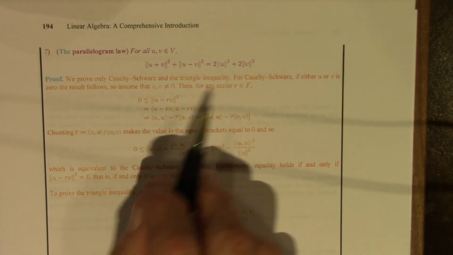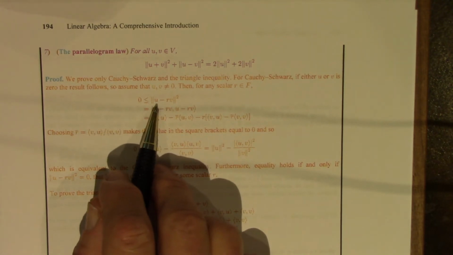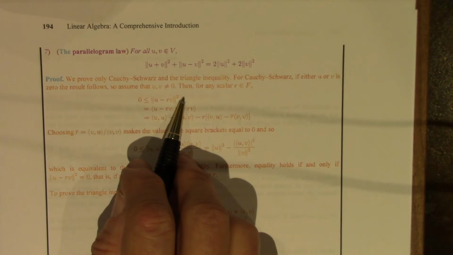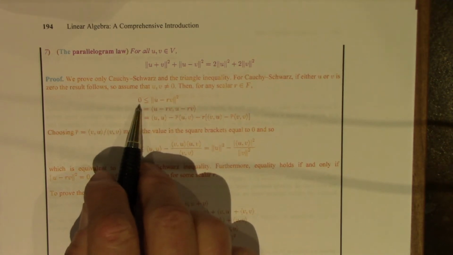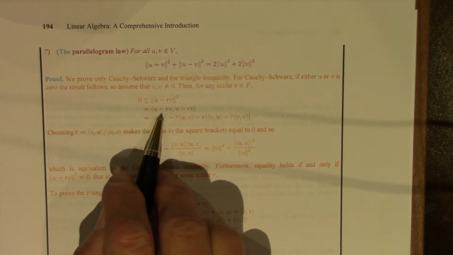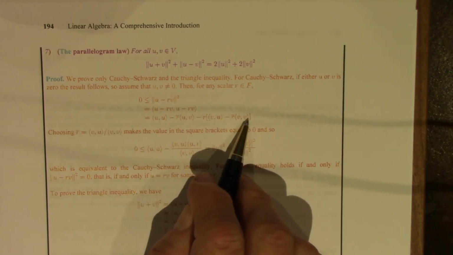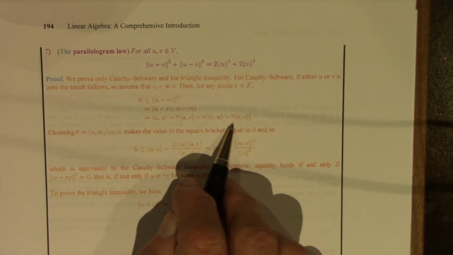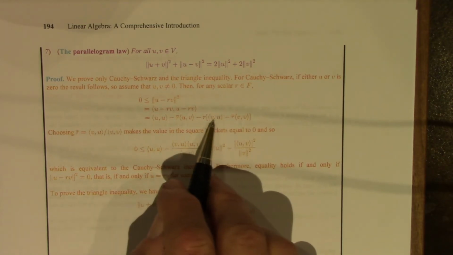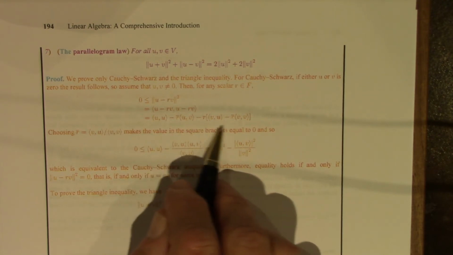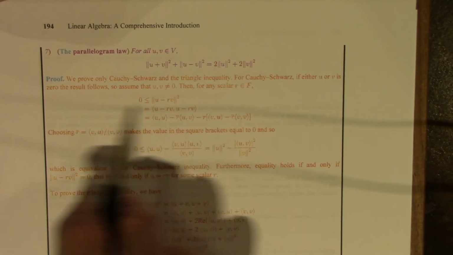If r is a scalar, then we can take a look at the norm squared of u minus rv. That's bigger than or equal to 0. It's equal to this, which expands to this. What to do? Well, if we choose r carefully, we can simplify this quite a bit.